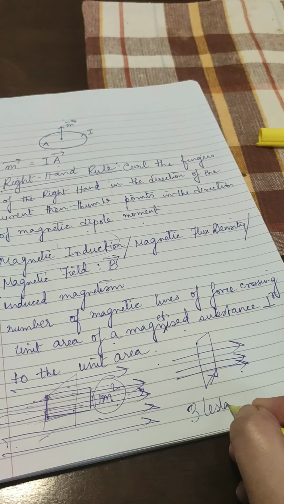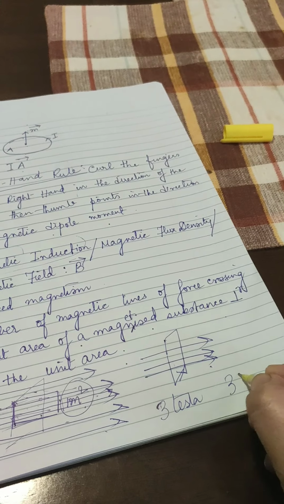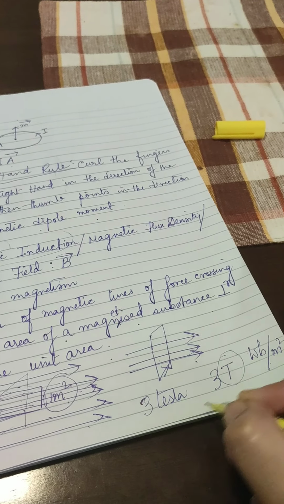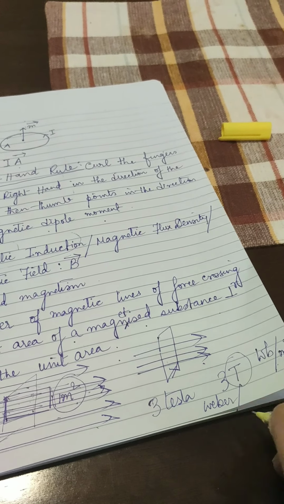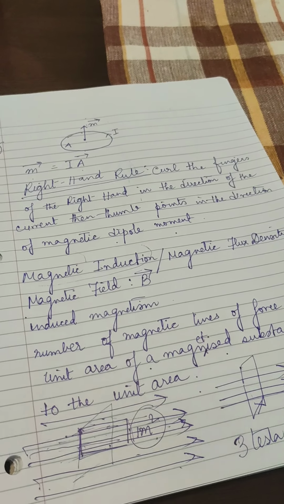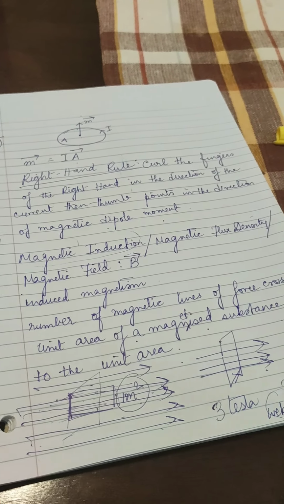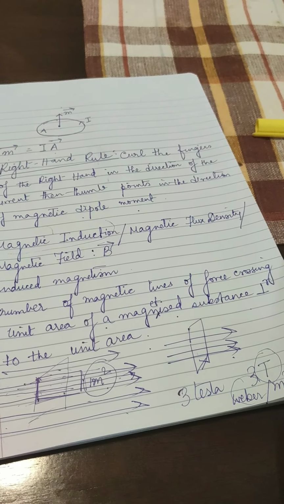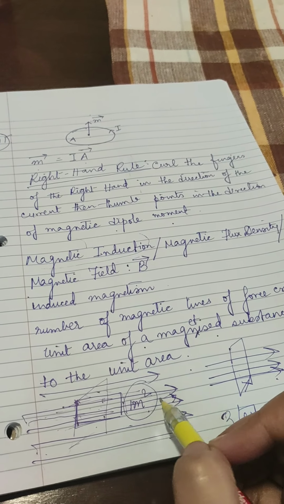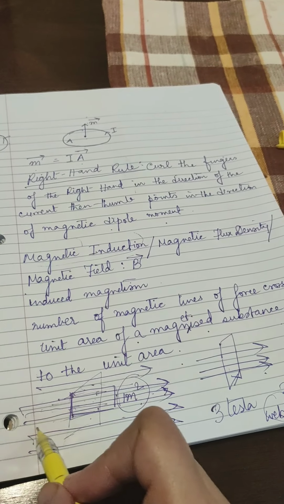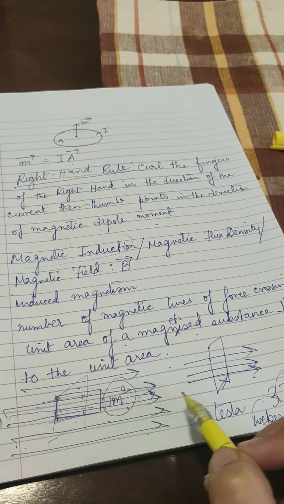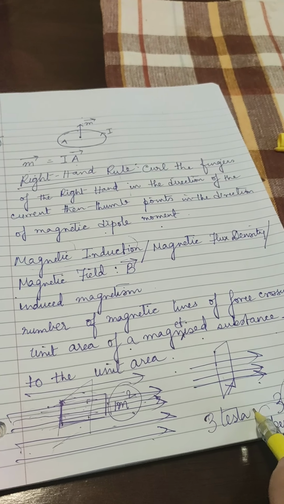Tesla is the unit, or we can also write Weber per meter square. Weber is the unit of magnetic flux, the total number of magnetic lines of force crossing a magnetized substance. So how many magnetic lines of force are crossing unit area perpendicular to that area of the magnetized substance will give you a measure of the magnetic induction.